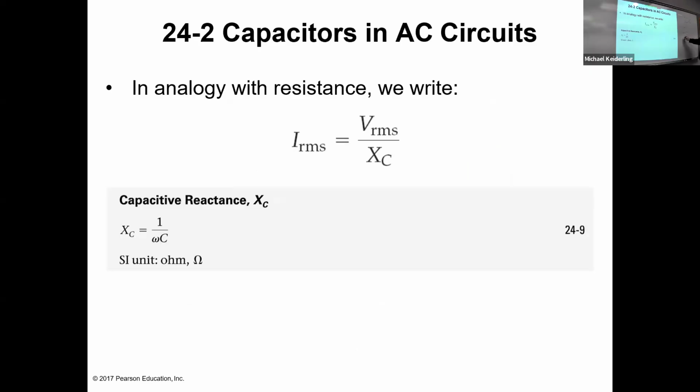For capacitance, current RMS equals voltage RMS over XC, where XC, which is the capacitive reactance, is 1 over omega C. And the unit for capacitive reactance is ohms. 1 over omega C gives you ohms.